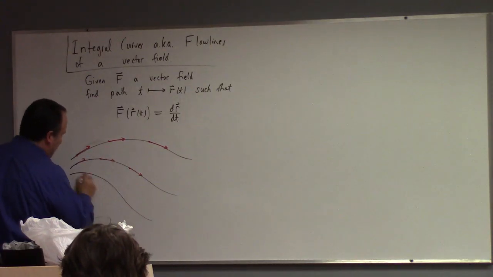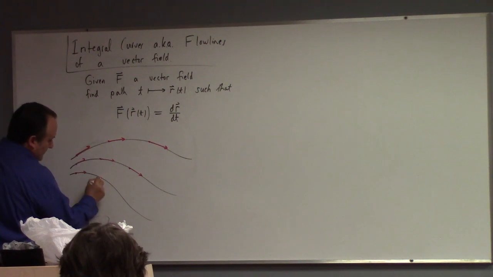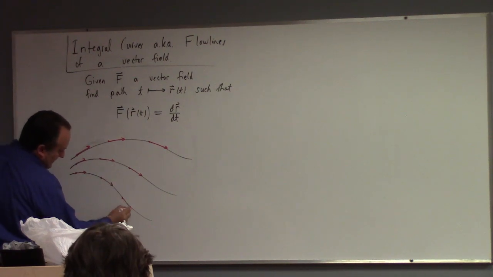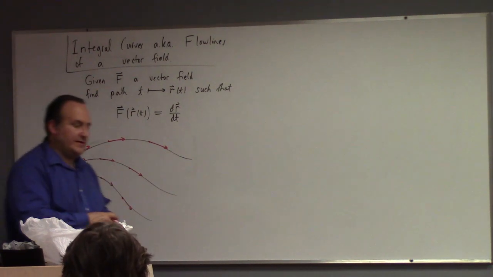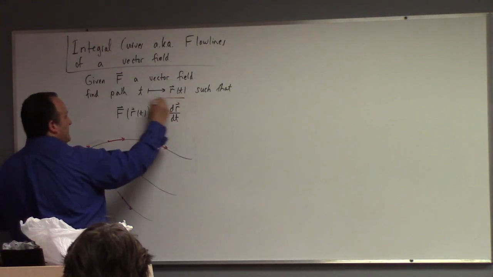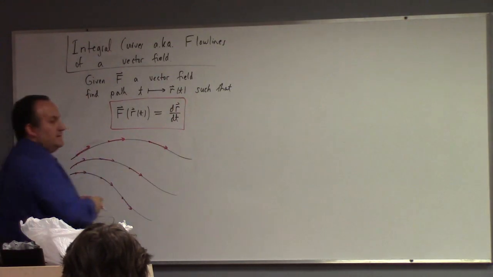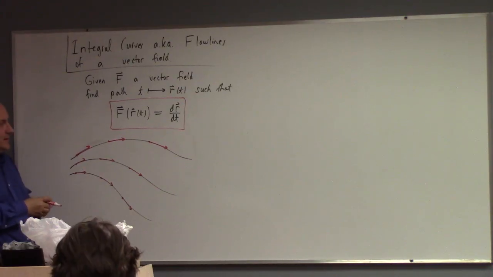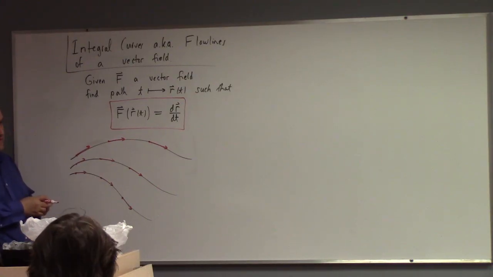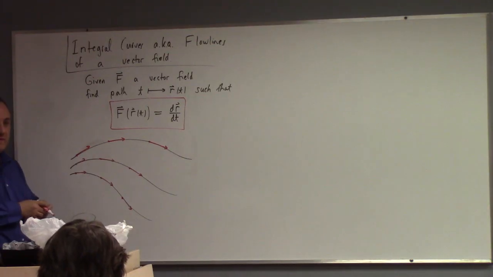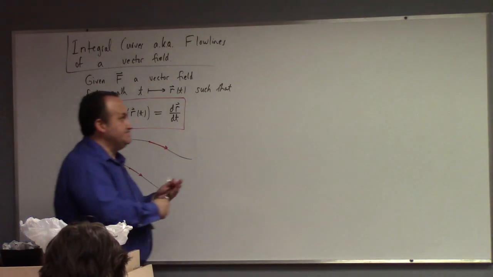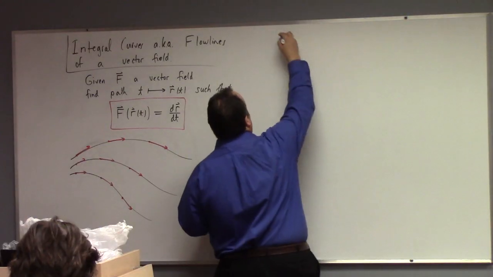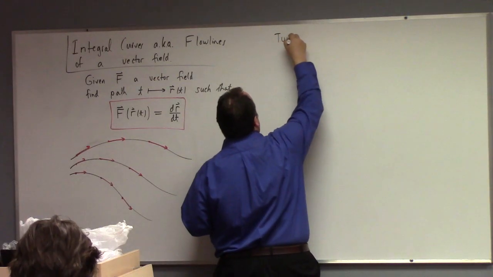So the question is, how do you find integral curves for a given vector field? How do you do that? Apparently, you have to solve this equation right here. But that is a differential equation. Now, at the moment, we only have the technology to really solve this problem in 2 dimensions. So let's talk about the 2-dimensional problem.